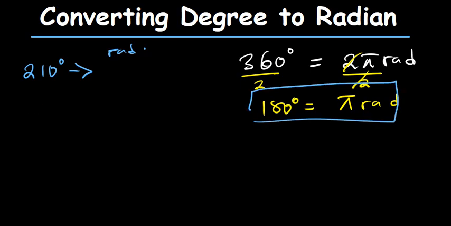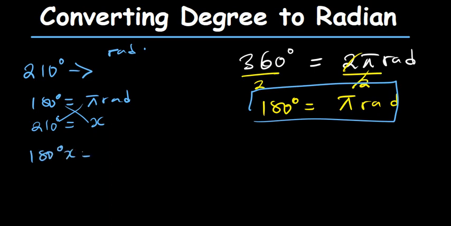So you say in 180 degrees we have pi rad, because you want this in rad. Then in 210 degrees, how many rads do we have? I'll put x. If we cross multiply, we have 180 degrees times x is equal to 210 degrees times pi rad.